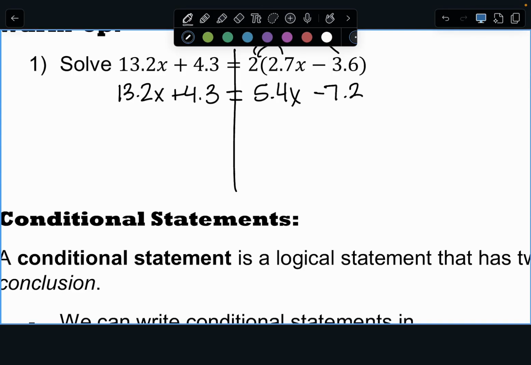And now that this side is simplified and this side is simplified, I can start moving across my equal sign. So if I wanted to move this 5.4x over, what should I do? Yeah, subtract it off. So minus 5.4x. You end up getting 7.8x plus 4.3 is equal to negative 7.2.